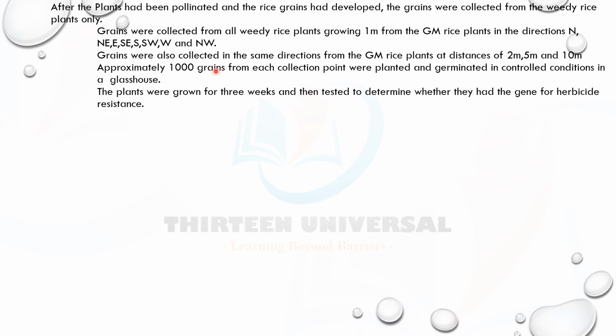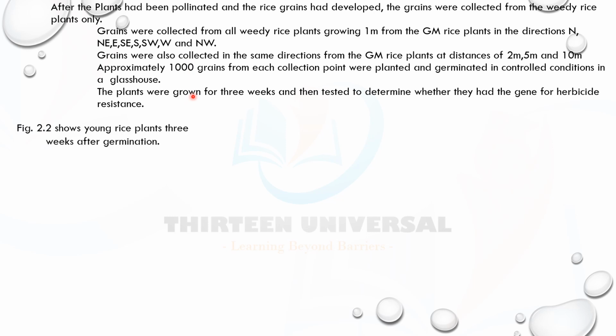Approximately 1,000 grains from each collection point were planted and germinated in controlled conditions, in a glasshouse. Please always pay attention to background information. The plants were grown for 3 weeks and then tested to determine whether they had the gene for herbicide resistance, to know whether they transferred it.